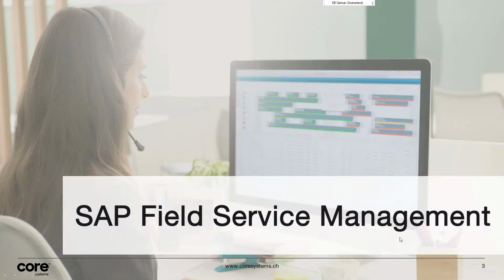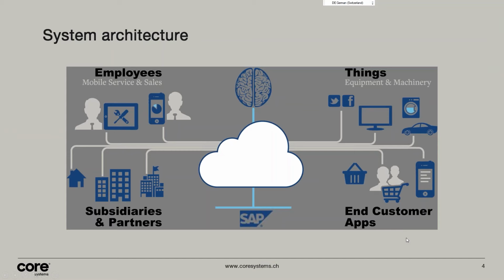Next slide. SAP Field Service Management. As I mentioned, a quick overview of how the solution works in general. There we have just a little picture or drawing that shows how the architecture works. We have in the middle this cloud, and this cloud means, of course, that it's a cloud-based solution, and we have different lanes which are leading away from the cloud or to the cloud.